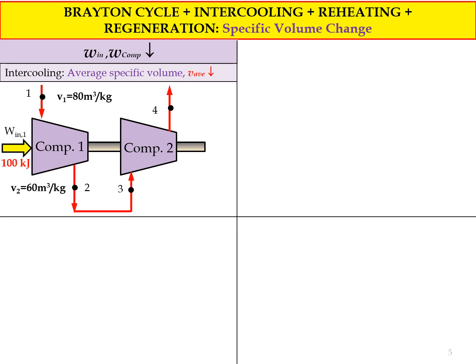The work in for this compression process is 100 kilojoule, and it goes into compressor 2 at state 3. Because there is no intercooling, the specific volume is still 60 meter cube per kg, and the output is 40 meter cube per kg. So there is another work in of 100 kilojoule for compressor 2.